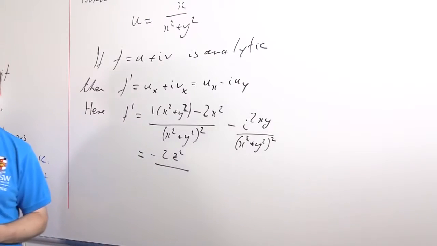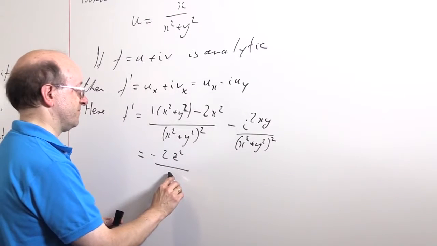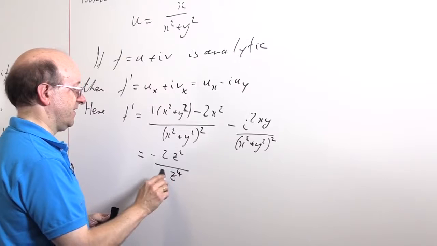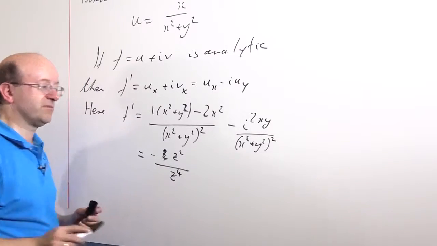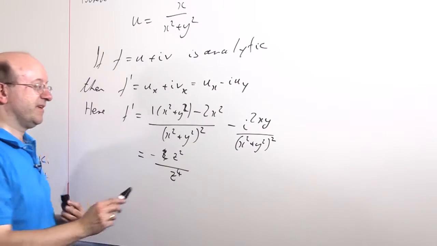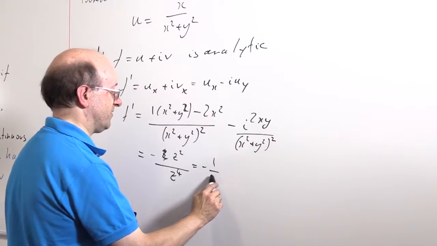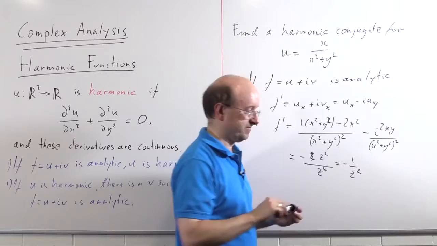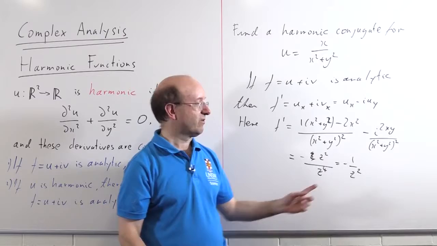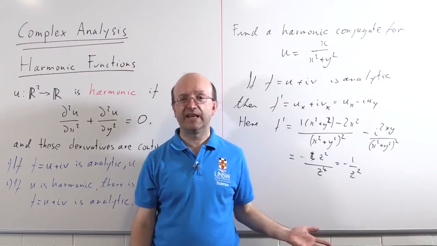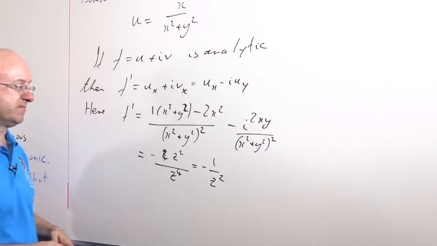And on the denominator here, we get z to the 4th. So this is minus z squared over z to the 4th, which is minus 1 upon z squared. Well, if f dashed is minus 1 upon z squared, f must just be 1 upon z.